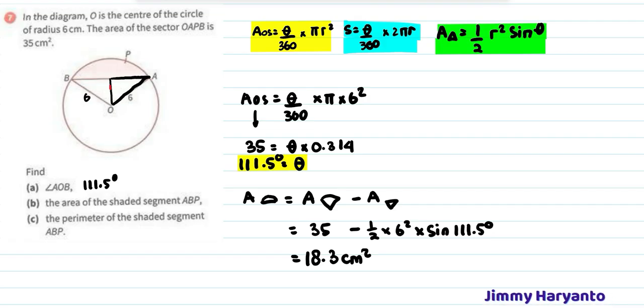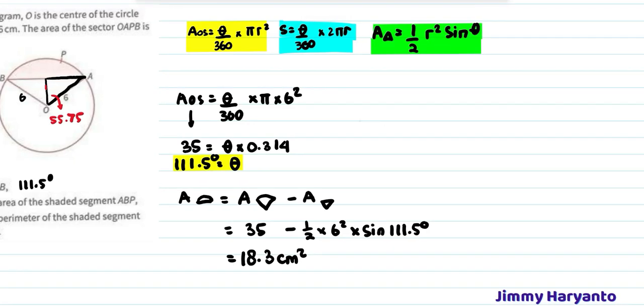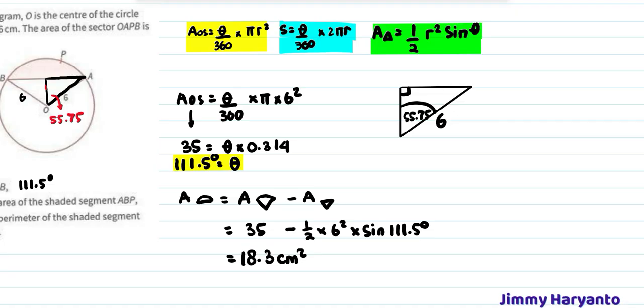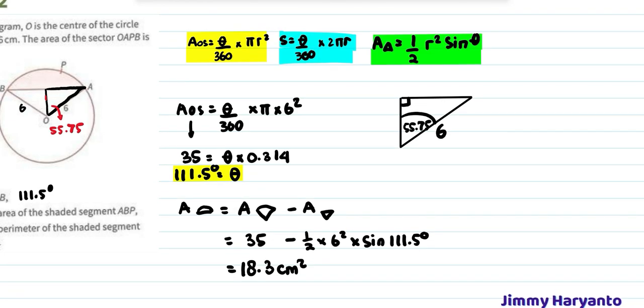So one of the angles is 55.75. I will draw the triangle right here. This one is a right angle, and the angle is 55.75. We also have this 6 centimeters as the radius, and we have to find this side, which is the opposite. This one is the hypotenuse.